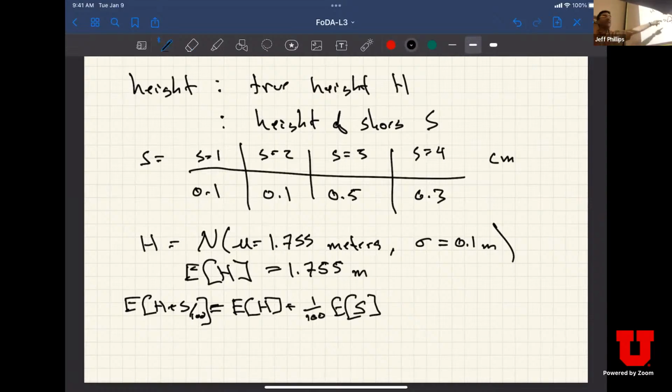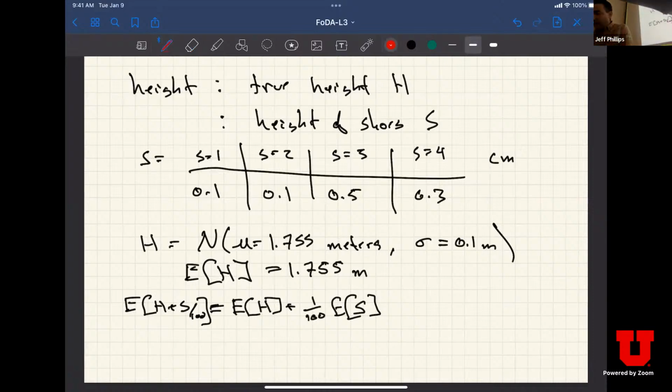Okay, so we'll get the expected height in meters now, and I take the expected value of this. The 1/100 is factored out either way, so it's not going to be involved in the core computation here.